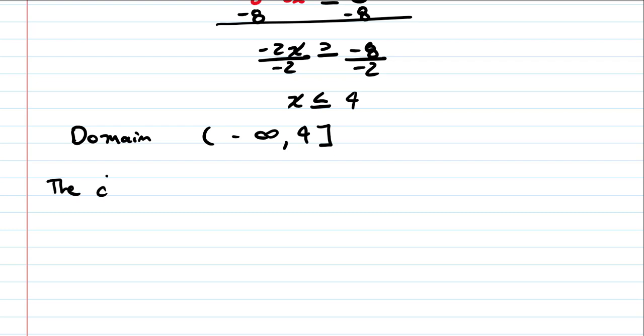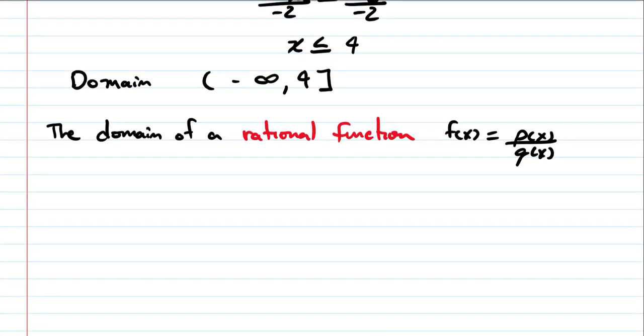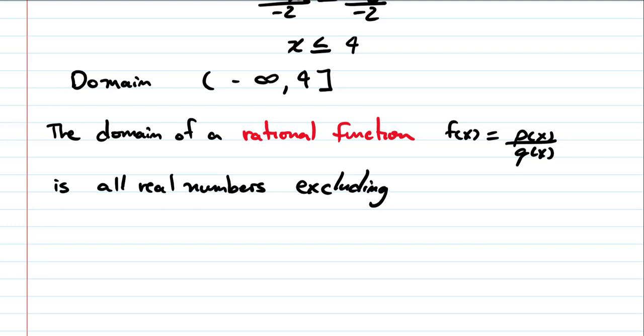So the domain of a rational function, where we have f of x is equal to p of x divided by q of x, is all real numbers excluding the zeros of q of x.